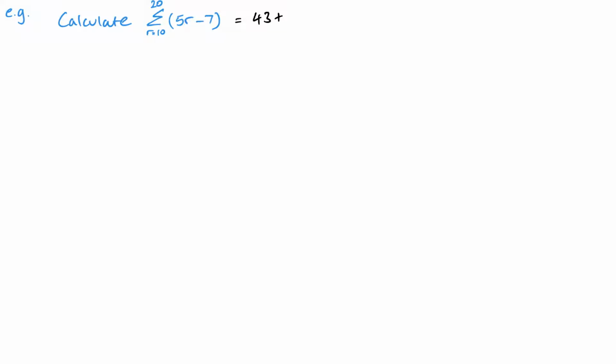Then 5 times 11 is 55, take away 7 is 48. 5 times 12 is 60, take away 7, 53, and so on. And for the last term, 5 times 20, take away 7, gives me 93. So that means that A is 43, and my last term is 93.